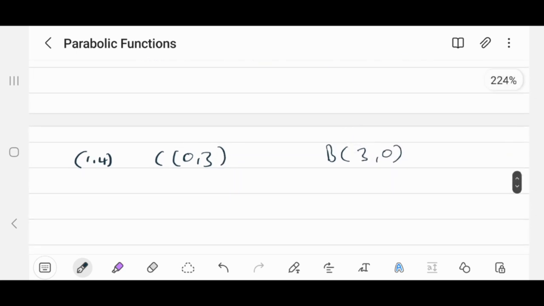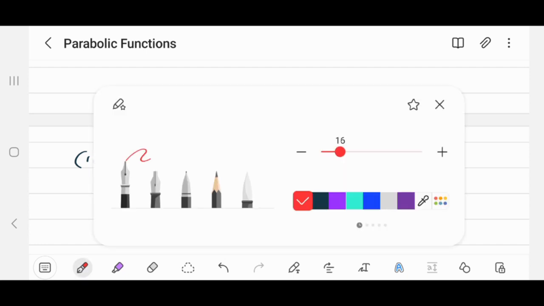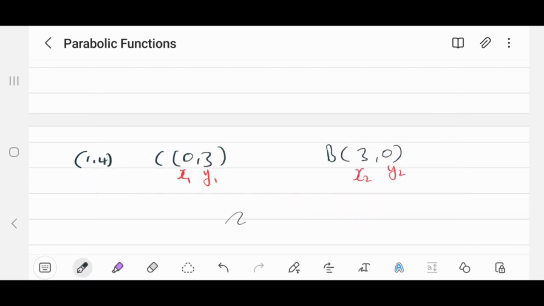So we're going to find M. Maybe let's call this our X1 and Y1, our X2 and Y2, according to analytical geometry. So gradient is Y2 minus Y1 over X2 minus X1.